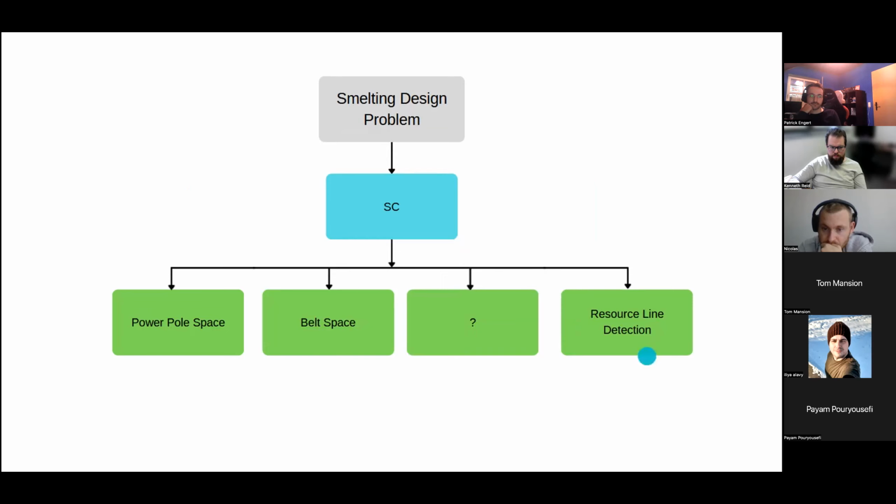So we're going to be able to detect where the resources are, place some power poles, and then, you know, I'm still not sure how to optimize this, what to optimize it against, but the throughputs might be a good thing to use here. So I'm still not sure about that.